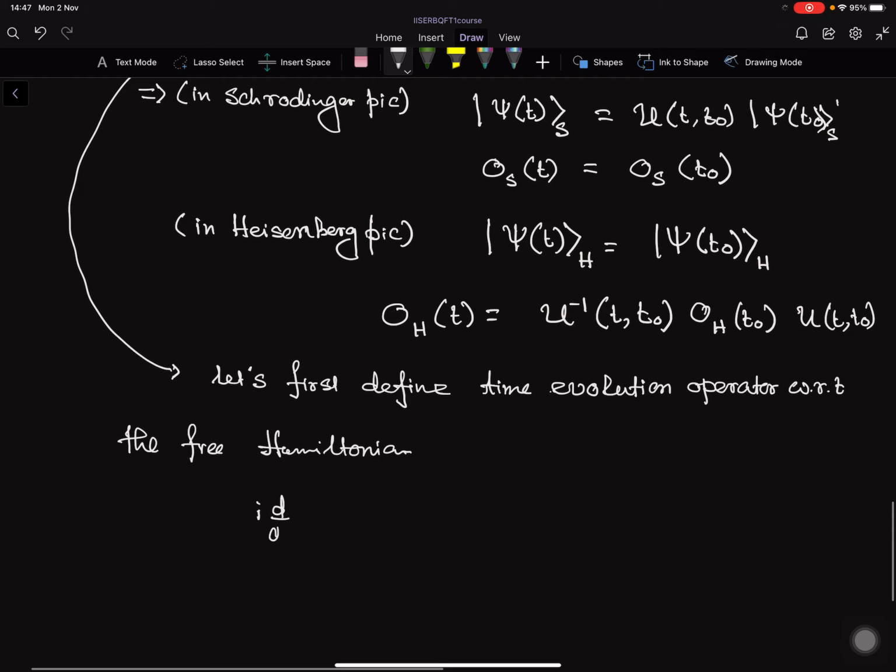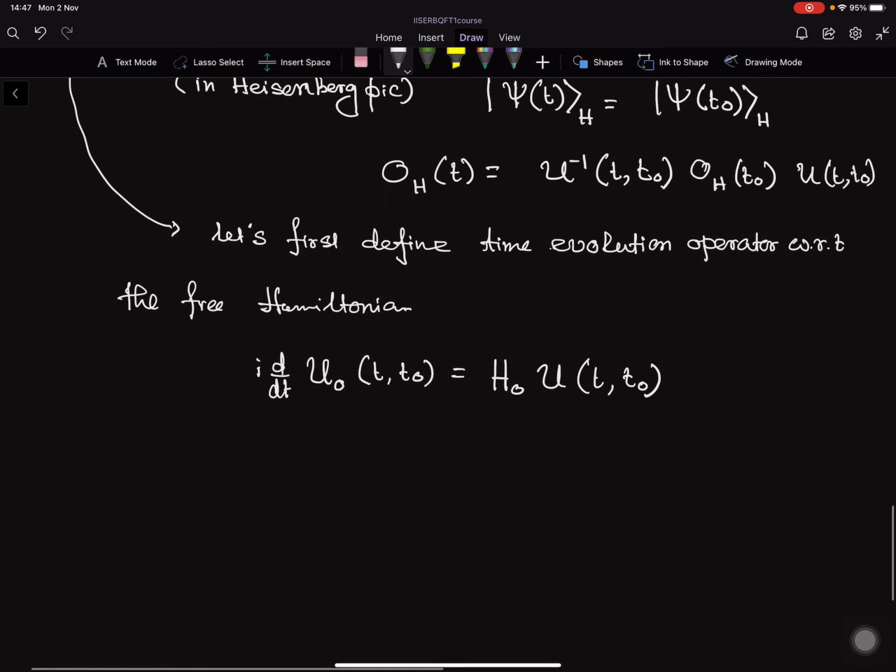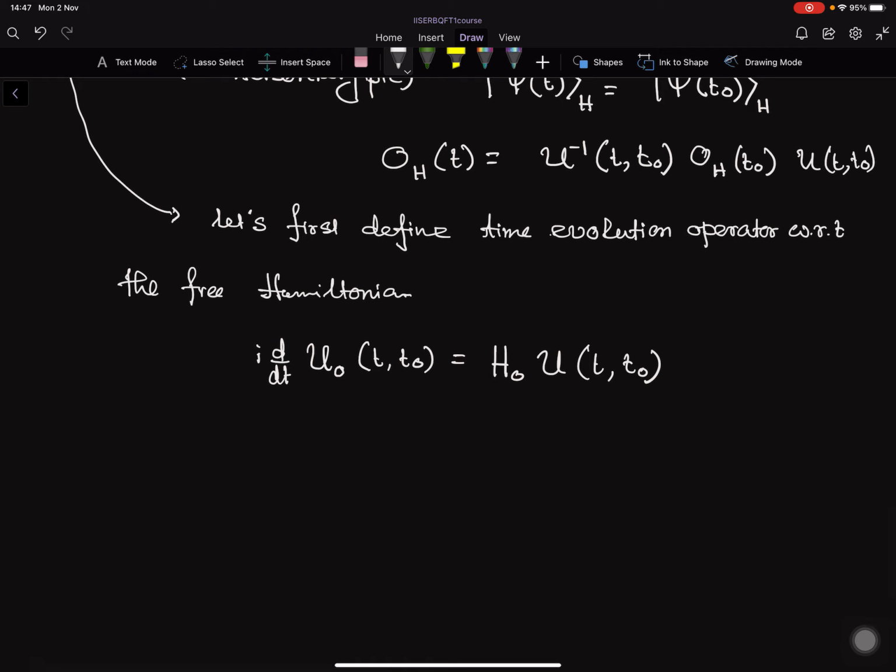Let's denote it by U0(t, t0), such that i h bar del t of U0(t, t0) is H0, the free Hamiltonian, times U0(t, t0). Okay, so that's our first step. Then the second thing is that we define the interaction picture operator.